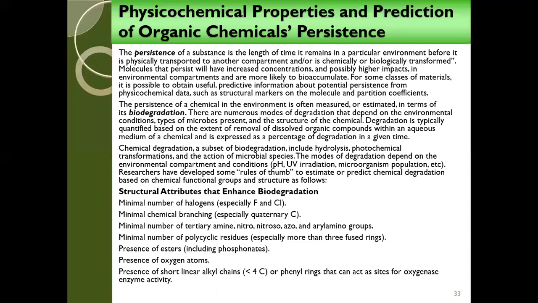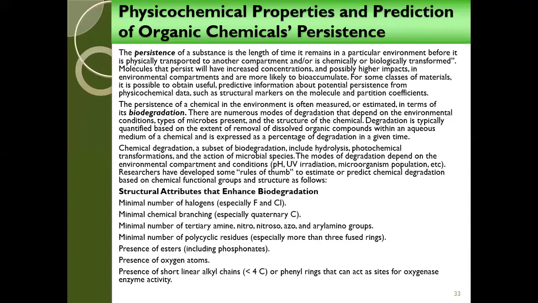So when you have these numbers, it is possible for you to predict, like I said in the case of partition coefficient, and it is mentioned here too. If you know the structure of a particular chemical, you know the partition coefficient of that structure, you can predict how long it can stay in the environment before it will be transported or transformed either chemically or biologically, and so on and so forth.